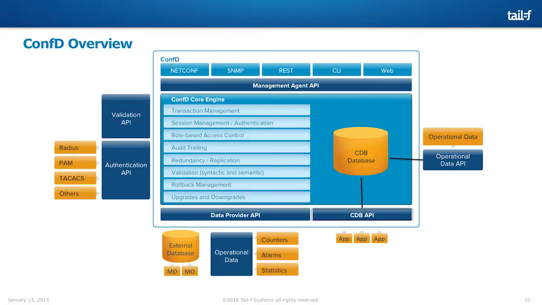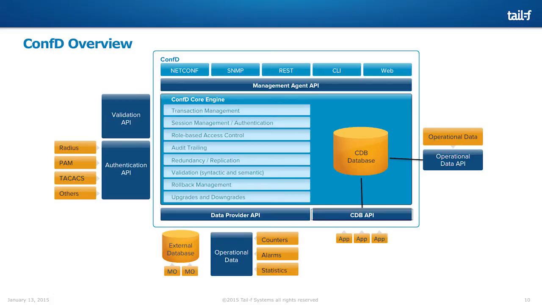Also, there are a variety of APIs for adding instrumentation into your system for ConfD. At the top of the slide, you see the Management Agent API. This is available so that if you need to add additional northbound management interfaces, or you have applications that need to drive transactions, access data, etc., they'll go through the Management Agent API, also sometimes called MAPI. I have already mentioned the Validation API and Authentication APIs.